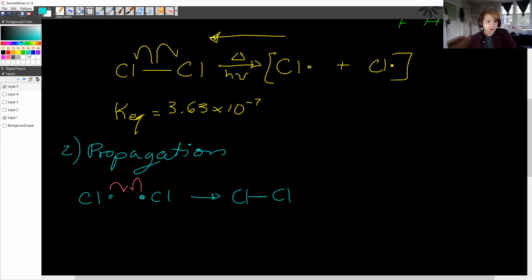Or what can happen is that this chlorine radical could walk its way up to this alkane and be like, hey, I'm gonna steal your girl. And what we see going on is that we can form an alkyl radical.